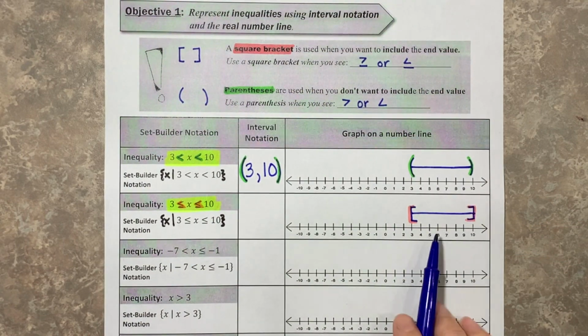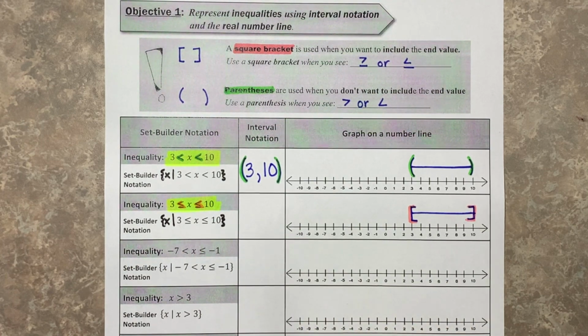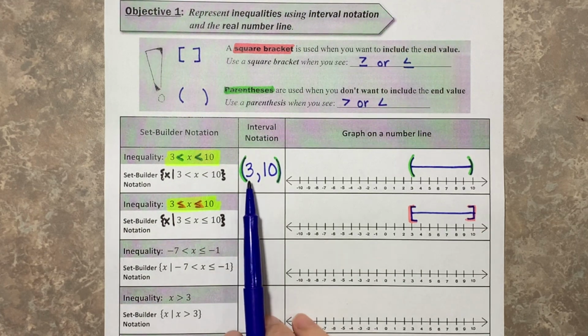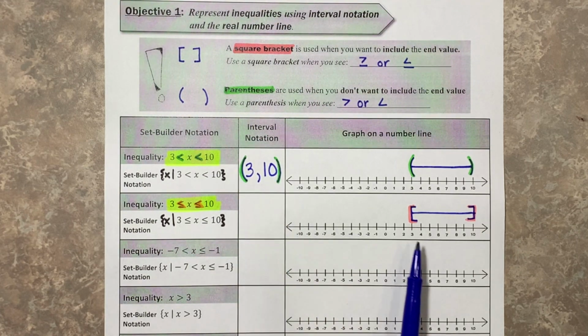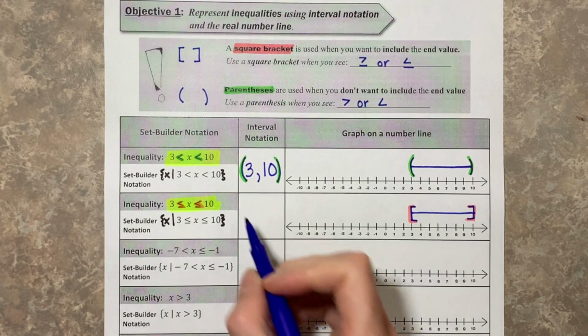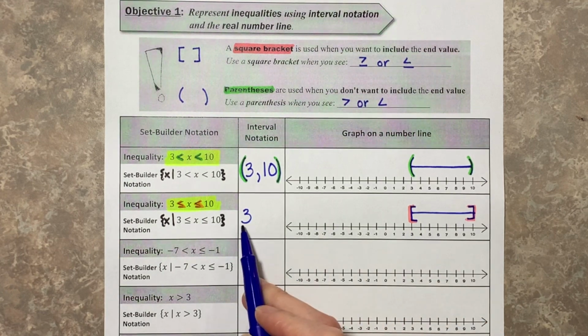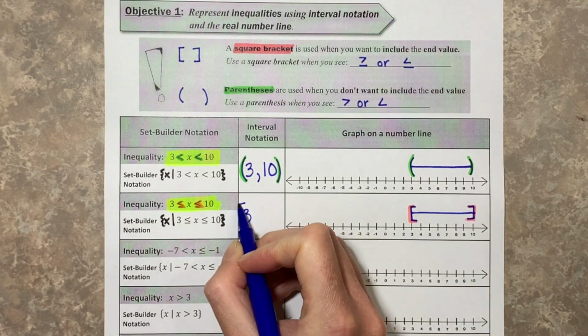Now the number line can really help us to quickly write our expression in interval notation. In interval notation, we always list the lowest end value on the left and the highest end value on the right. Our lowest end value here is 3. 3 is included, so just like we used a bracket on the number line, we also want to use a bracket in interval notation.